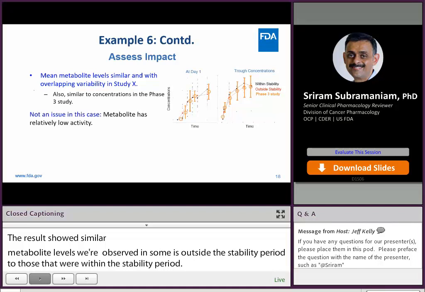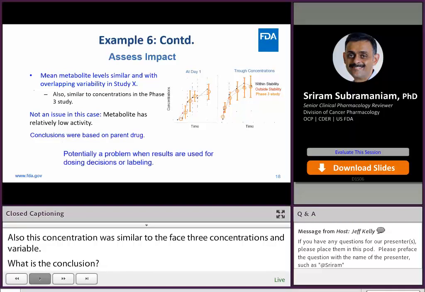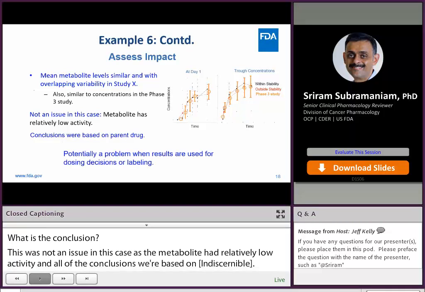So this was not an issue in this case, as the metabolite had relatively low activity and all the conclusions were based on the parent drug. However, had the metabolite been important and was used for dosing decisions or labeling purposes, this issue would have gone through rigorous scrutiny to decide on the acceptability of the samples that were outside the stability period.